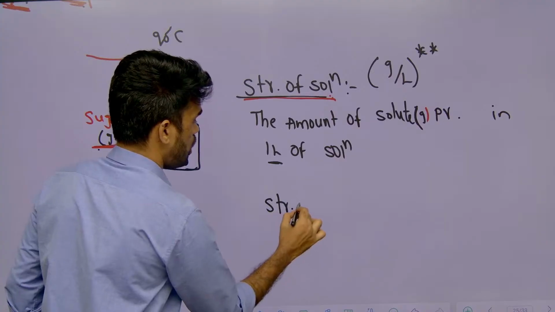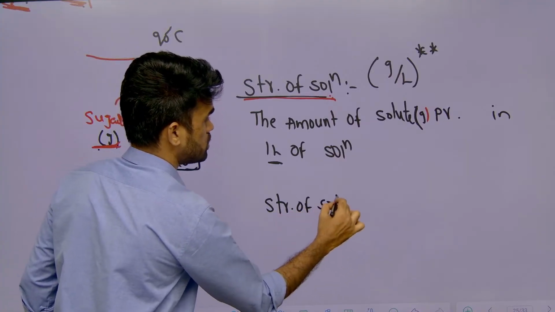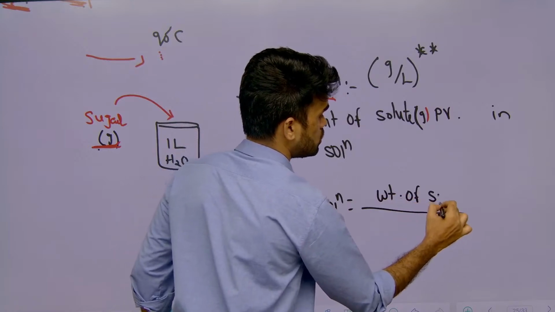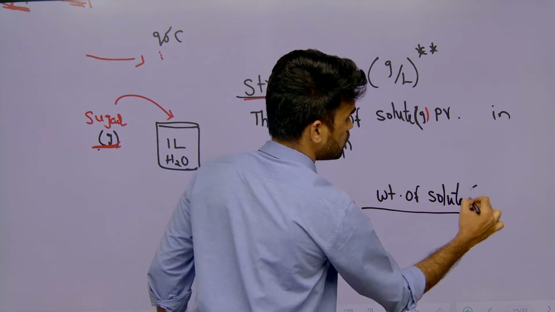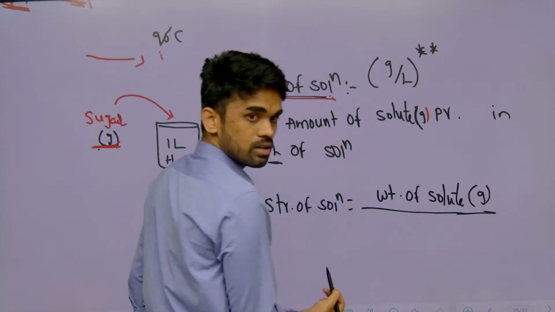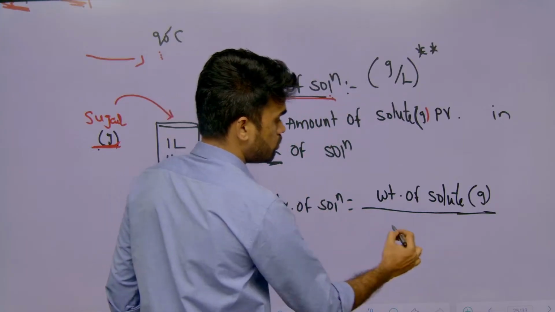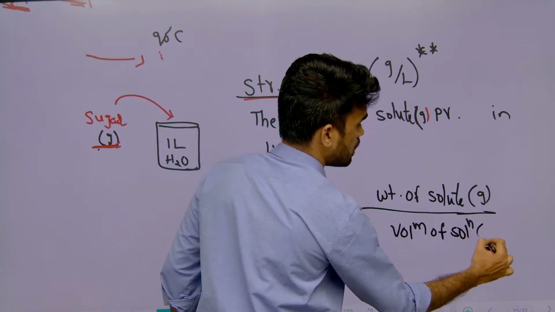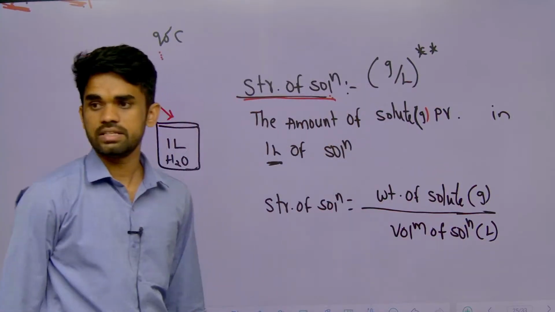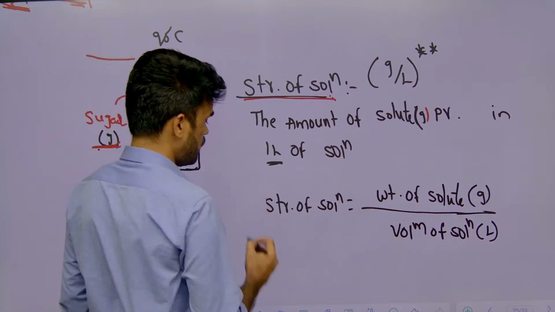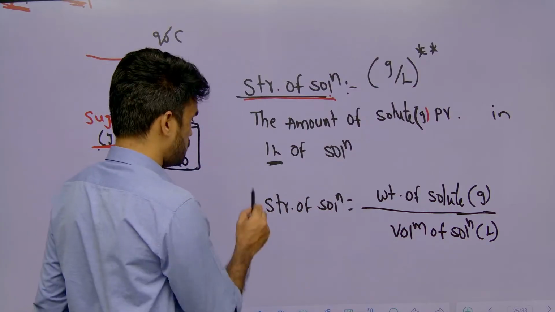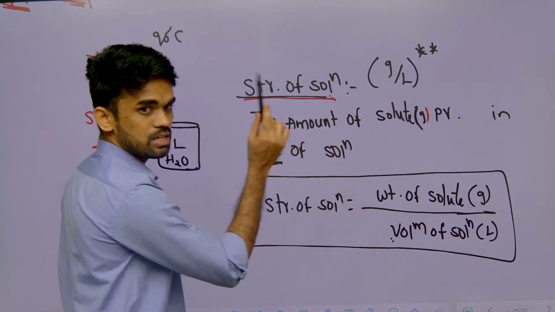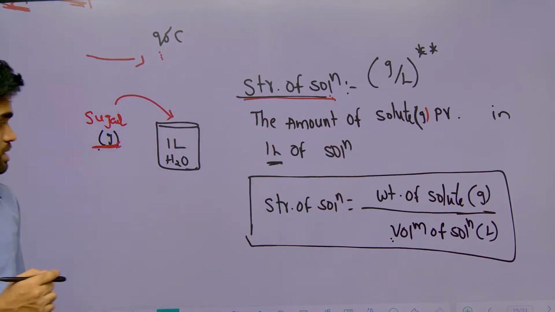Strength of solution means weight of solute in grams by volume of solution in liters. That's it. This is the formula. Tell me, is it temperature dependent or independent? Dependent, because the volume term is involved. Write this.